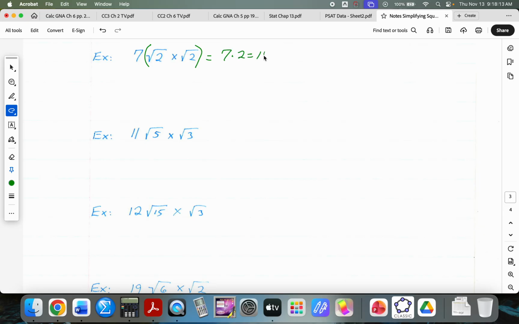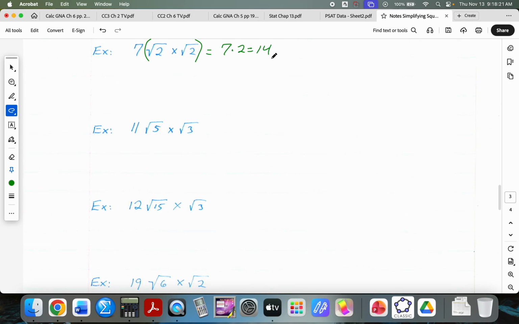And 7 times 2 is 14. I'd say it doesn't get much easier than that, but the next one is actually even easier. 11 what? 11. No? 11 square roots of 15. We're multiplying, not adding. Oh.